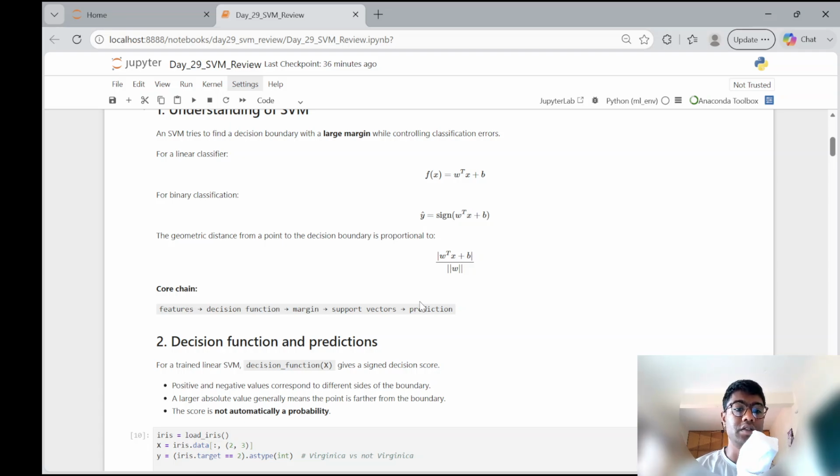It creates a decision boundary, and it also creates a margin, which is a separation between the nearest points in both classes. There are a few techniques and things like the C parameter that we are going to be looking at in this same sheet.